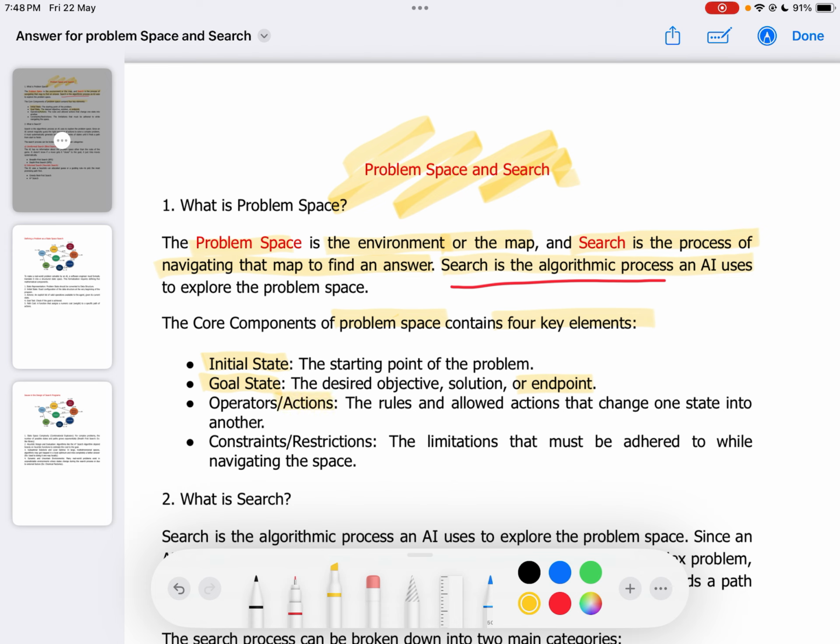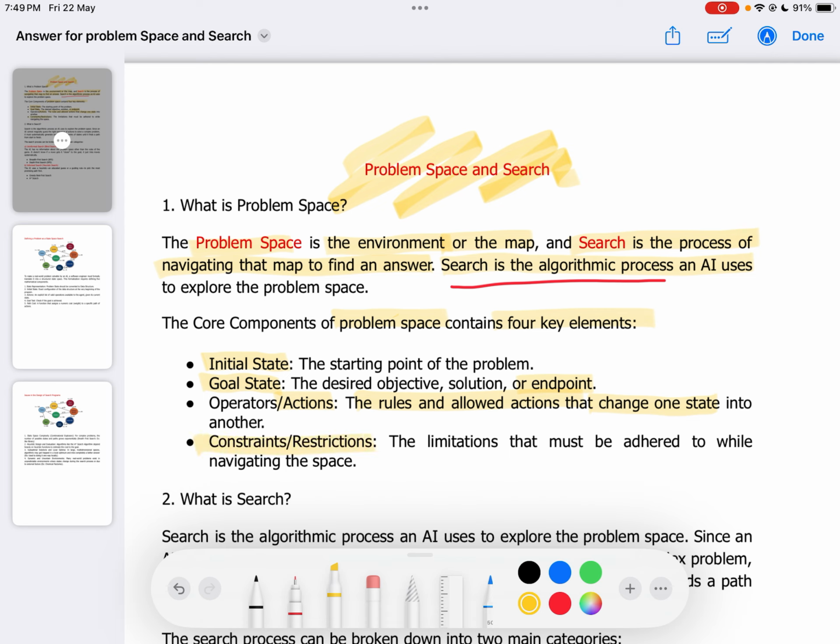Third is actions or operators. What are the rules that are allowed and how will it change from one state to another state? What you will have to understand is that a problem space is split into multiple states, say 10 states, where the search algorithm moves from one state to another until it finds the right solution for us.